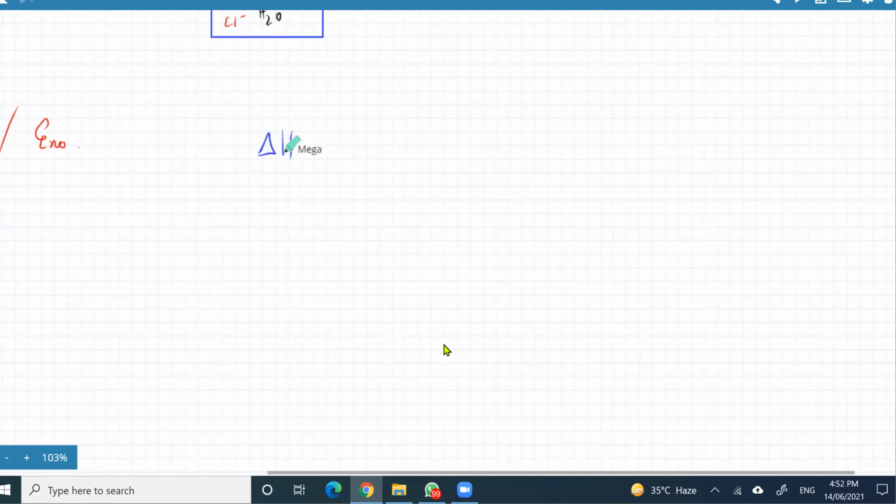Delta H lattice energy is usually in this range, usually minus 1002 kilojoules per mole to minus, I mean, it's not a fixed range, but anything close to this value.